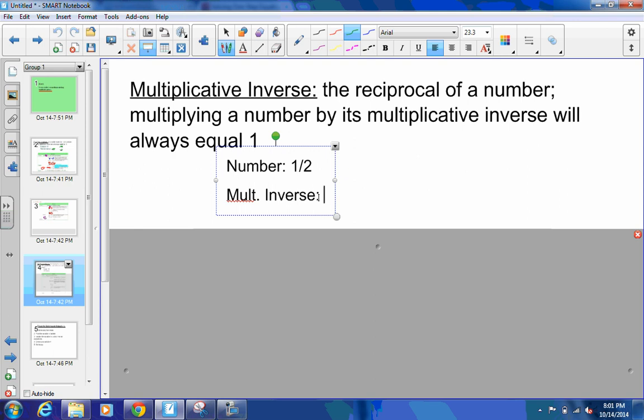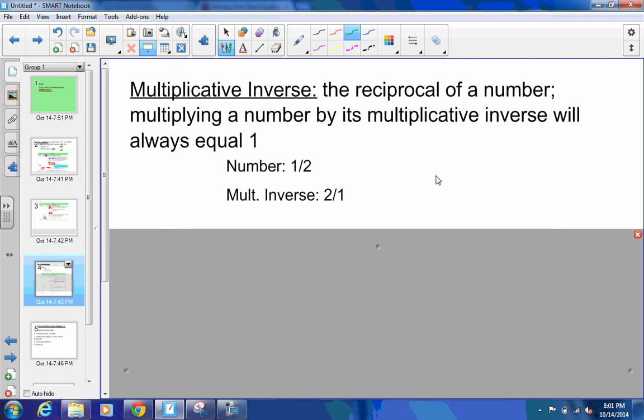Instead of 1 over 2, it's now 2 over 1. All right, that's the multiplicative inverse. Maybe you're given a whole number, because 2 over 1 is just 2. What if you're given 4 and you want to find the multiplicative inverse? 4 is just 4 over 1. So we can flip that around and say the multiplicative inverse would be 1 over 4.